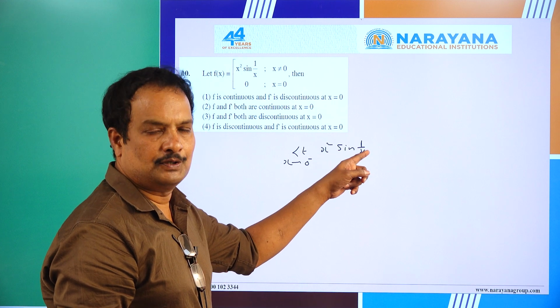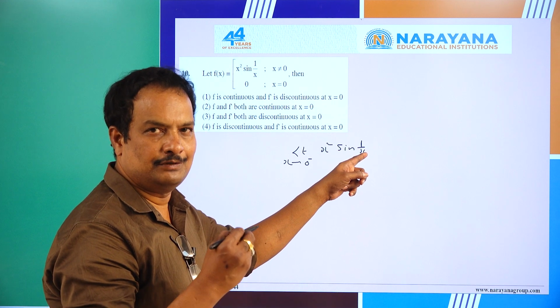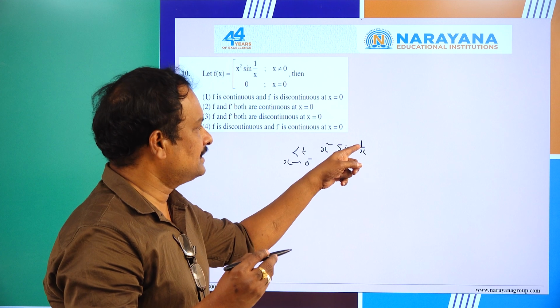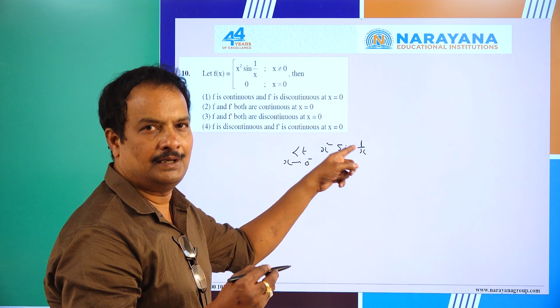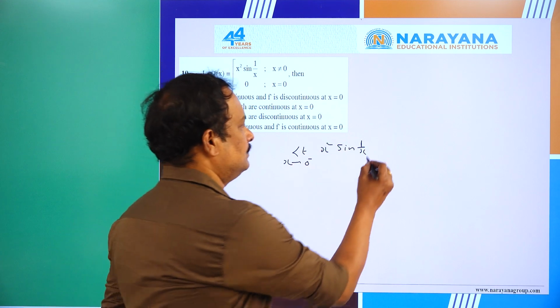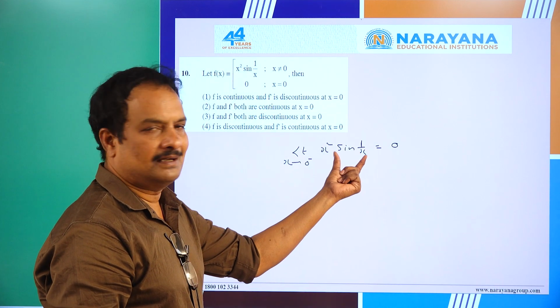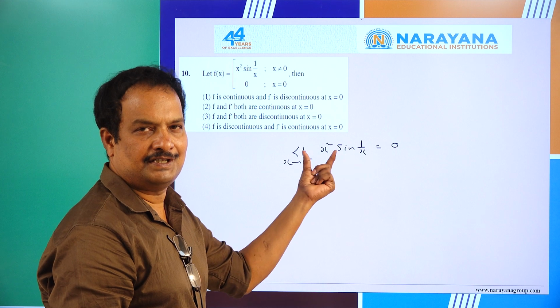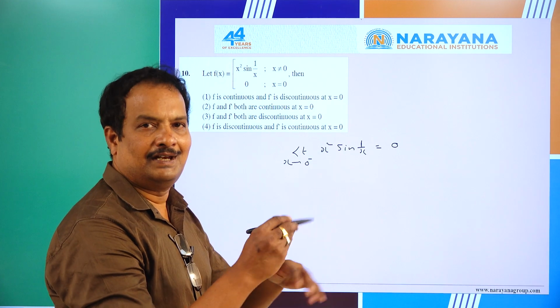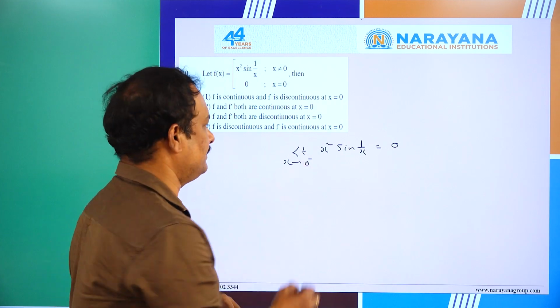Sine of something approaching minus infinity is an oscillating value between minus 1 and 1. So some value oscillating between minus 1 and 1 into 0 will give you 0. It's very clear: the second one is oscillating between minus 1 and 1, the first one is tending towards 0, together it will approach 0. That is the left hand limit.